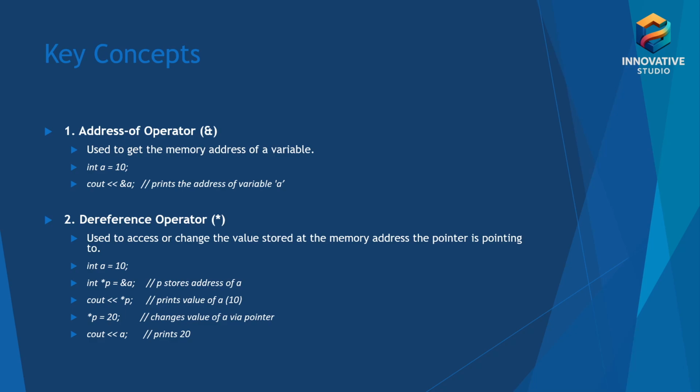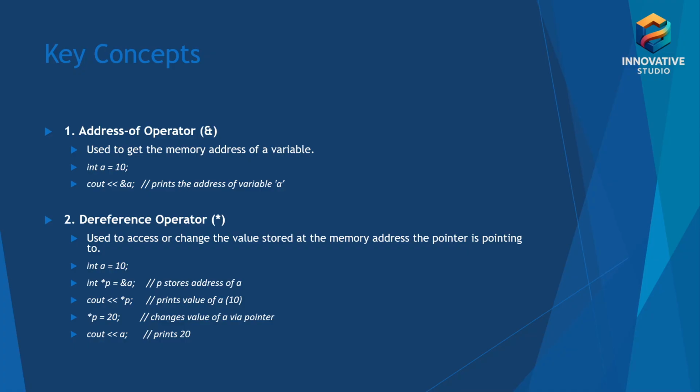Like int a holds the value 10 and int *p equals the AND operator a. It means that p is a pointer type int variable, and a is assigned to that variable's address.